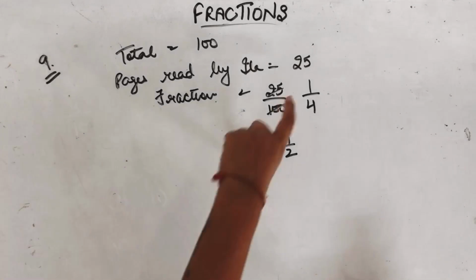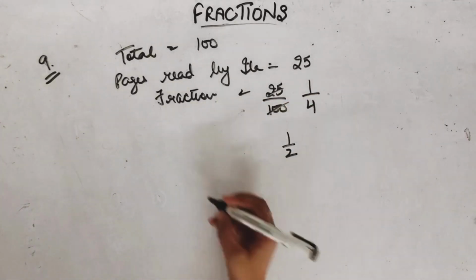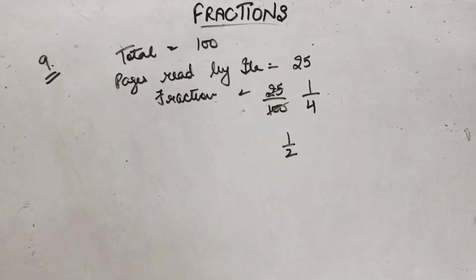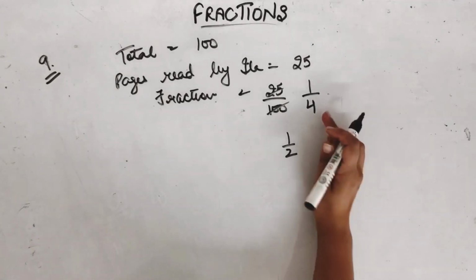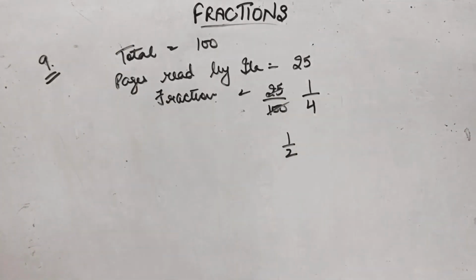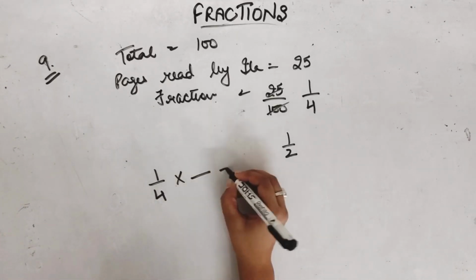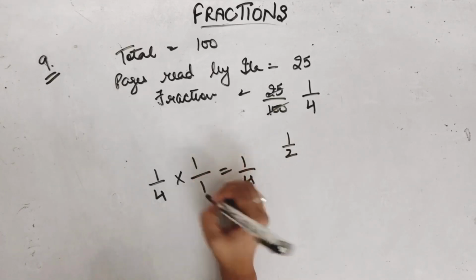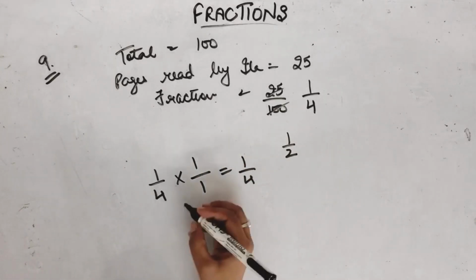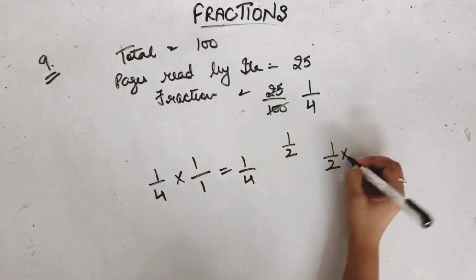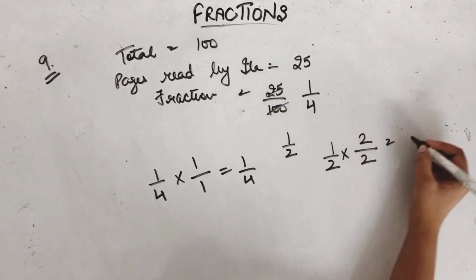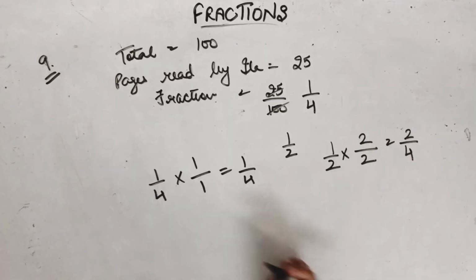Now you have to compare both the fractions. These two are unlike fractions, so first convert them into like fractions. LCM of 4 and 2 is 4. So 1 by 4 will be multiplied by 1 by 1, so it will be 1 by 4. And 1 by 2 will be multiplied by 2 by 2 to get 2 by 4.